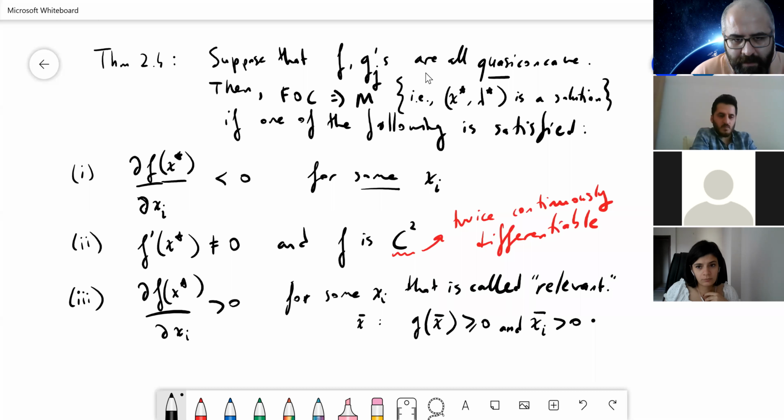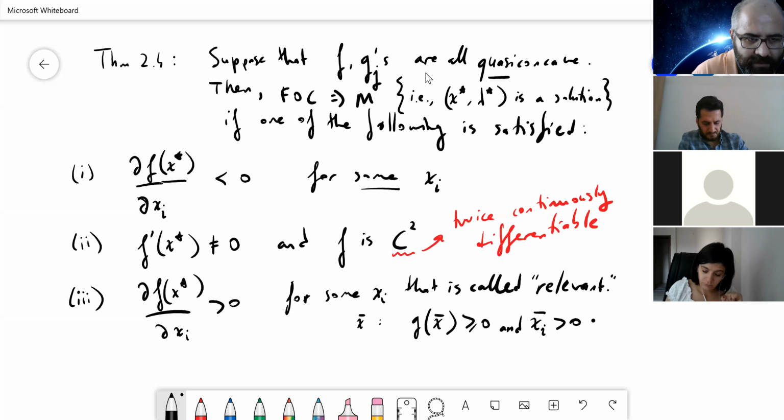Now here, we want to look at points in the domain of the function that satisfy the constraint, and for some of them, for that relevant variable, we have a positive derivative, which means that that variable is relevant in the sense that it increases your objective function. Okay?